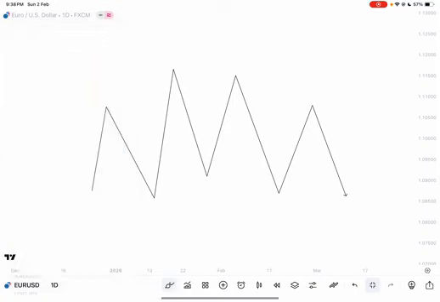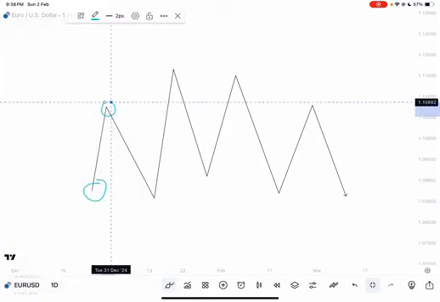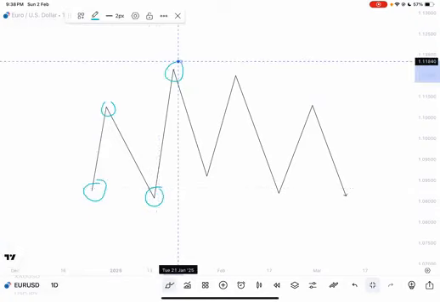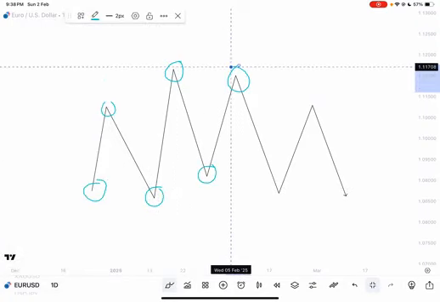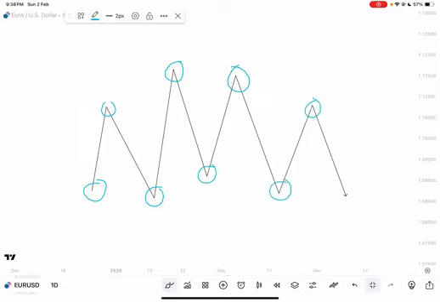If this is a structure, everyone knows: the low, high, low, high, low, high, low, high, low. Okay, everyone knows it. These are the lows and highs.